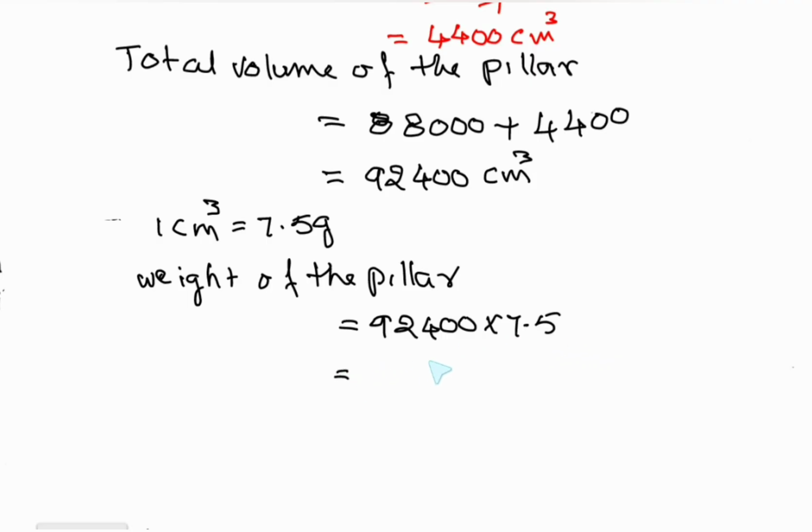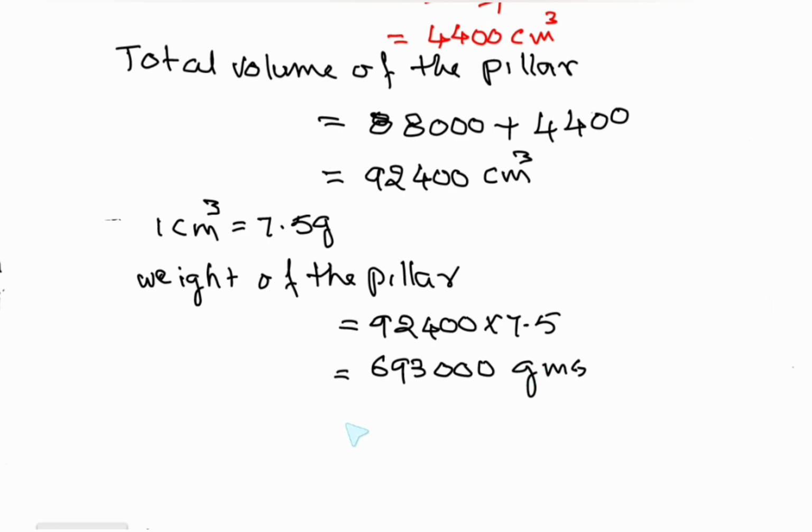This equals, multiplying with 7.5, 693,000 grams. 693,000 grams weight is there. That means we want to change into kgs.